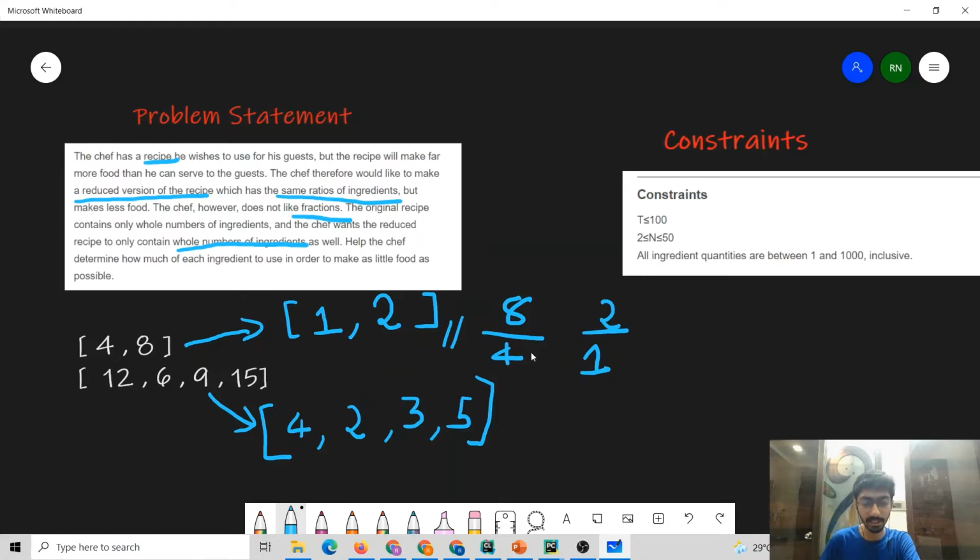Initially the ratio was 12/15. After reduction, the ratio becomes 4/5. We know that 12/15 is the same as 4/5. We can take any pair of elements and this property is still maintained, and the new array also consists of only whole numbers. So both the properties are satisfied.